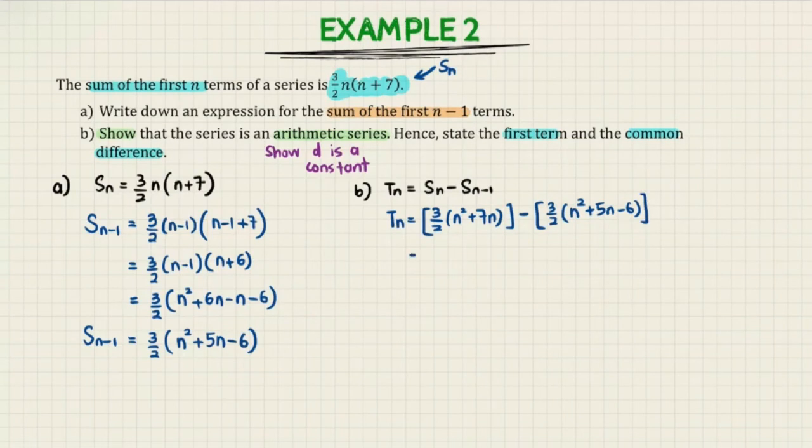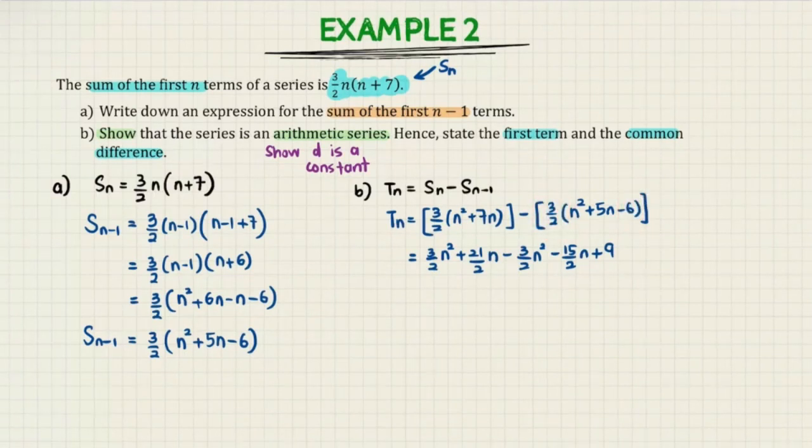Okay, so here saya expand dahulu 3/2 n squared tambah 7, 14, 21. So 21/2 n tolak 3/2 n squared tolak 15/2 n tambah 9. Okay, 3/2 darabkan dengan 6 dapat 9.